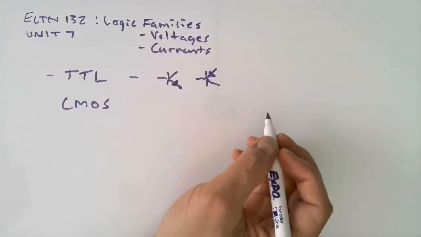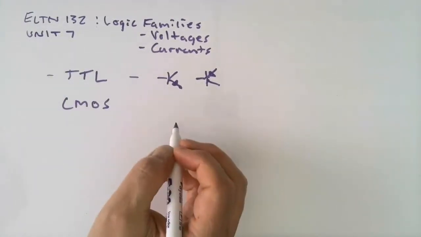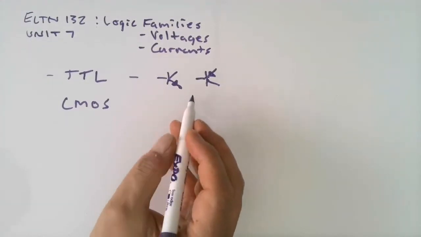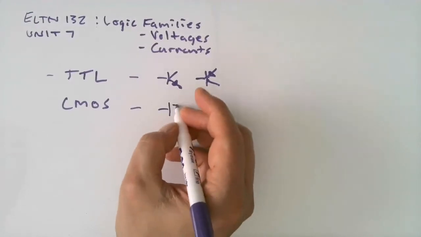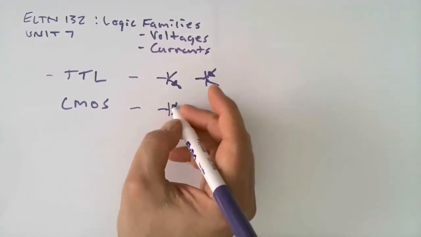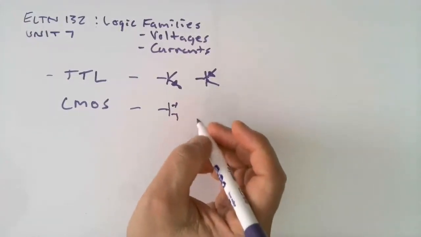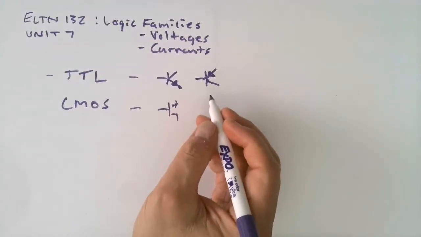The CMOS devices used a completely different technology where they're using basically field effect transistors on the outputs. And there are a couple of big differences between these. I'm going to draw these like what they typically show as a field effect transistor. We're not going to get into a whole lot of detail about the differences, but just a few things that are important.